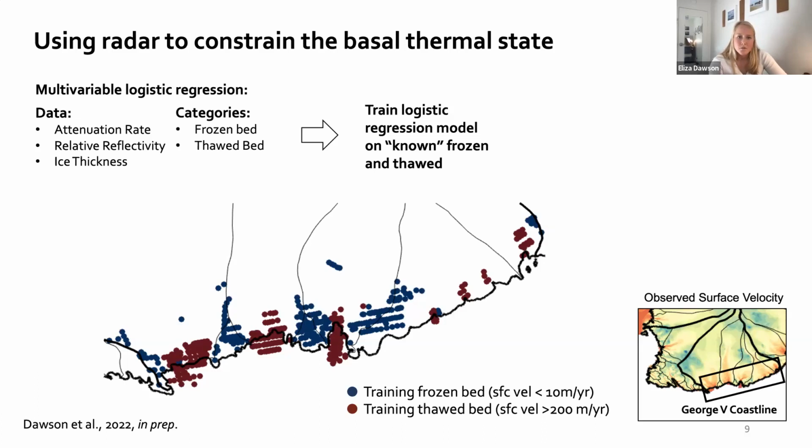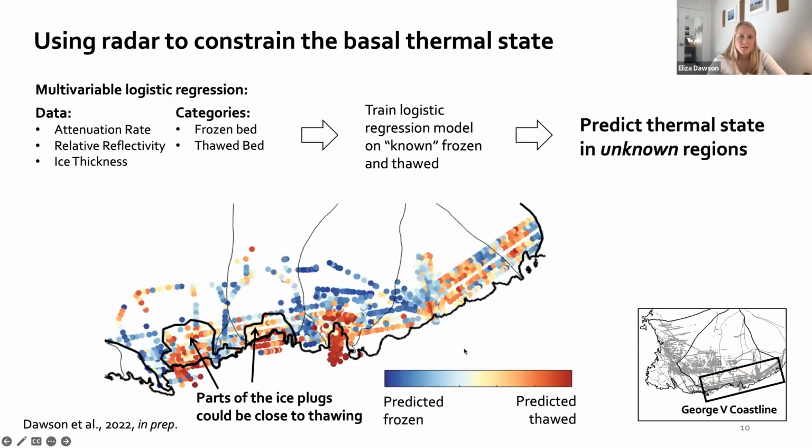And then what I do, which is the very interesting result now, is I'm able to predict the thermal state in all the other unknown regions. So I feed all of the data through my logistic regression model, and this is the result that I get.